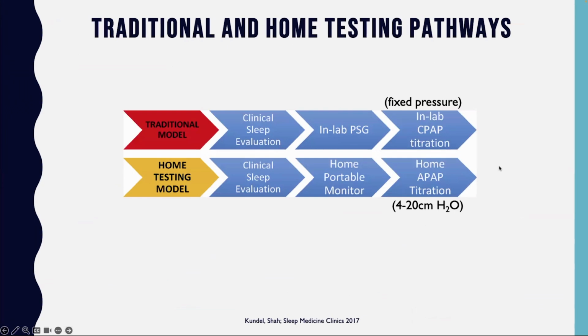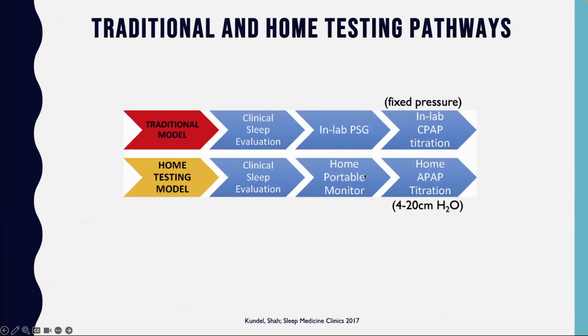So, these are the two models of sleep testing pathways. There used to be the traditional model where you had a sleep evaluation, you did an in-lab sleep study, and then you came back for an in-lab sleep titration, CPAP titration for sleep apnea. But now there's the home sleep testing model, which is much more convenient for the patient, where you have a sleep evaluation. You can order a home sleep test in patients who are appropriate for it.